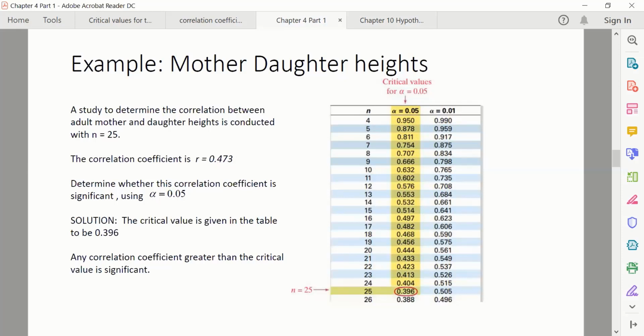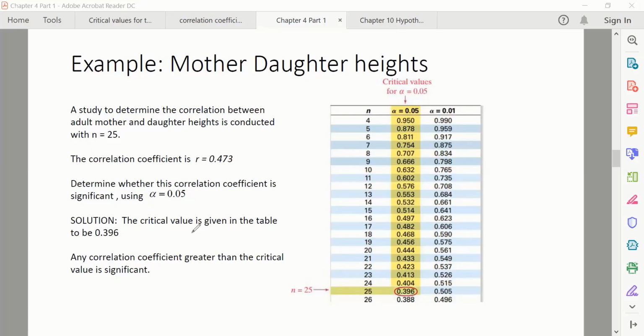So to determine whether the correlation coefficient is significant or not, we're going to use the chart and compare it to alpha equals 0.05. So here's our critical values for alpha equals 0.05 and n equals 25. And that value there is 0.396 from the chart.